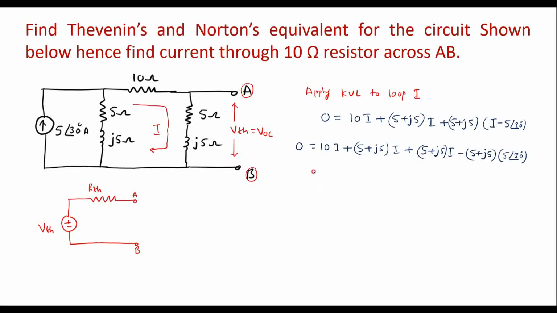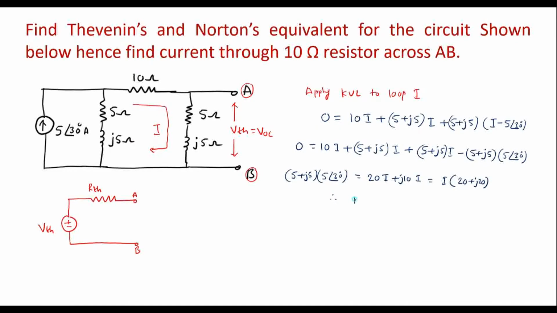So simplifying this further, I will take (5 plus J5) times 5 angle 30 on left hand side. So it will be (5 plus J5) 5 angle 30 is equal to 10I plus 5I plus 5I, that is 20I, and we have J10I, which is I times (20 plus J10).